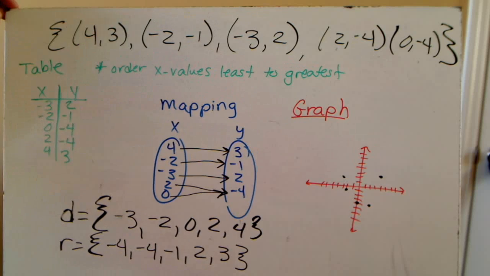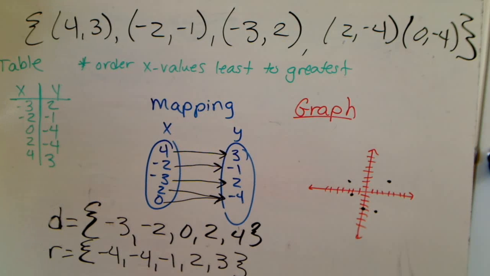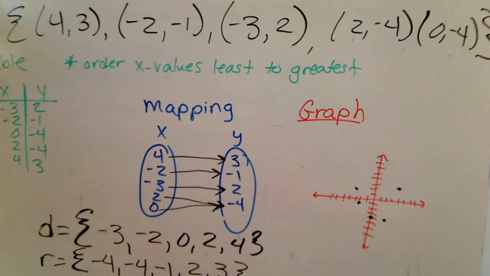Okay. The next part of the notes was a word problem that I'm not going to go over, but I am going to go over the last bit of information, which states writing the inverse of a relation. I'm going to use the numbers that we used in the example we just went over.